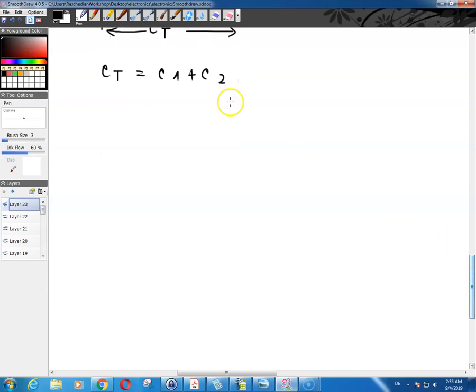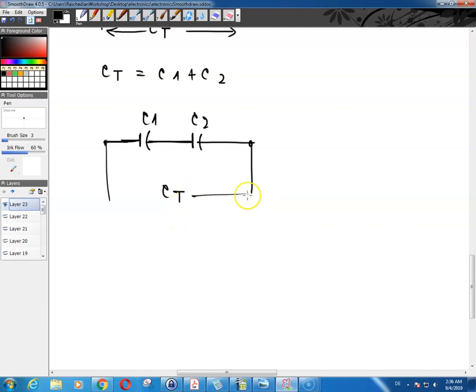On the other hand, if you have these two capacitors, for example C1 and C2, connected in series, and I take this as C of T, then to calculate it, 1 over C of T is going to be equal to 1 over C1 plus 1 over C2.